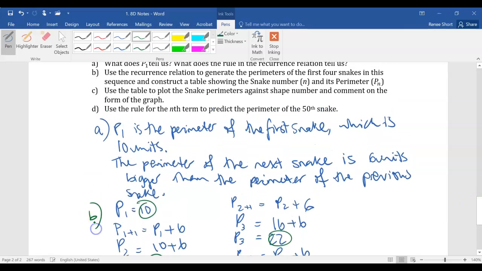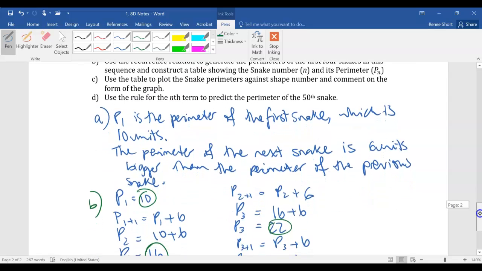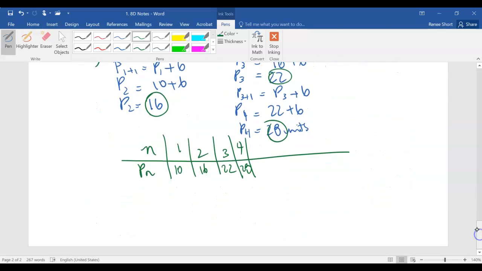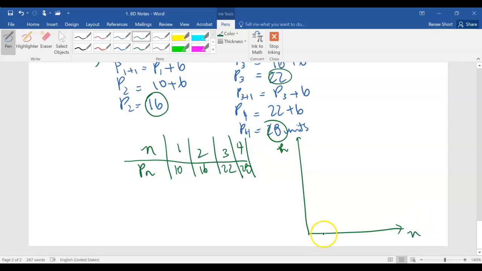That's all part B. Part C wants us to plot this as a graph and then comment on the shape of it. So if we graphed this, I'm just going to give us some space over here. This is N and this is Pn, that perimeter. I can put here 1, 2, 3, 4.